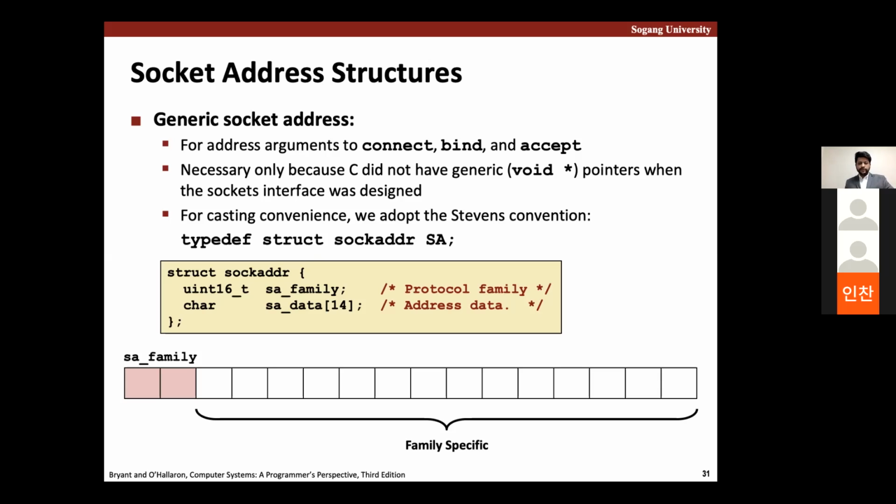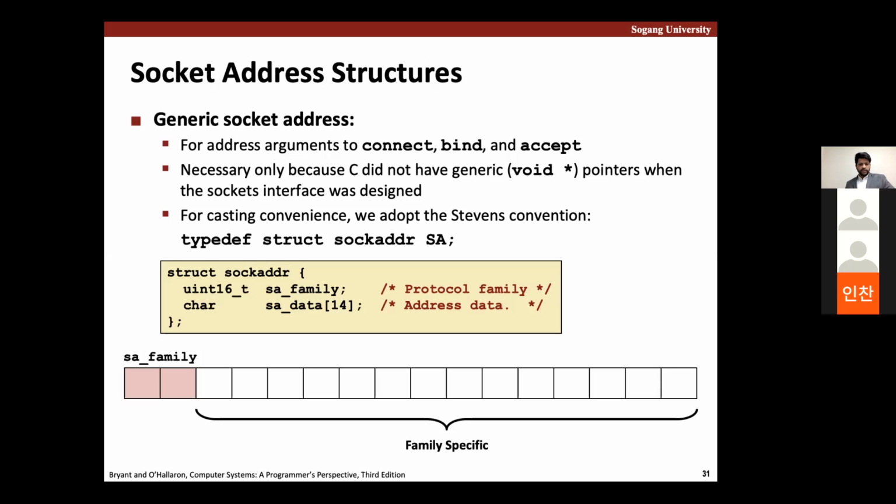The problem faced by the designers of the socket interface was how to define these functions to accept any kind of socket address structure, in order to overcome incompatibility between different technologies. Today we would use the generic void pointer, which did not exist in C at that time. So their solution was to define the socket functions to expect a pointer to a generic socket address structure.